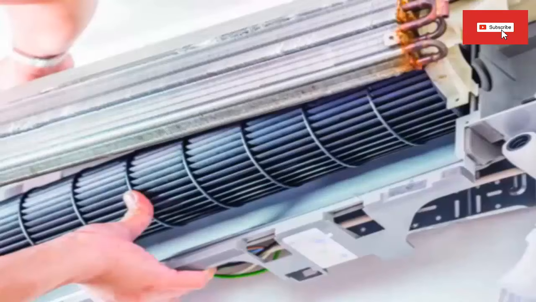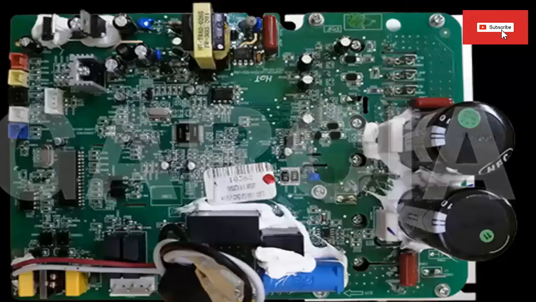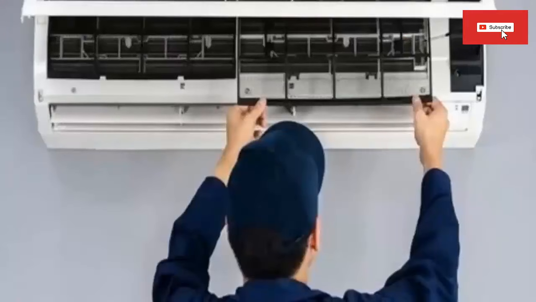The control card is the electronic brain of the air conditioner, and is responsible for sending signals to the fan motor. If the control board is faulty, it may not be sending the correct signals to the fan motor, which can cause the HSIX error code to display. If the HSIX error code is caused by a problem with the control board, it will need to be replaced.